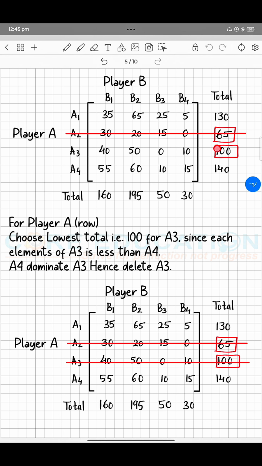So we're going to delete A3. How are we eliminating? If the elements of a row are less than or equal to the elements of another row, then that other row dominates. A4 dominates A3, so delete A3.